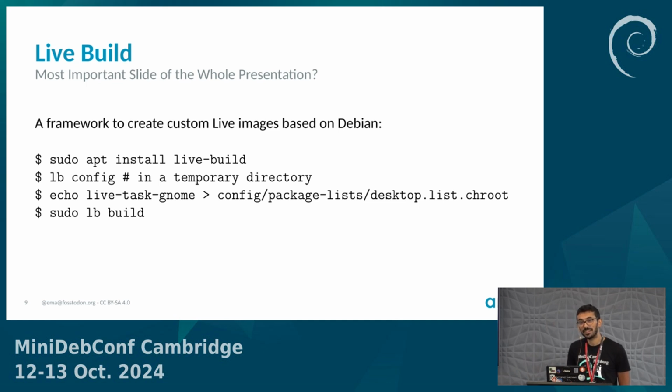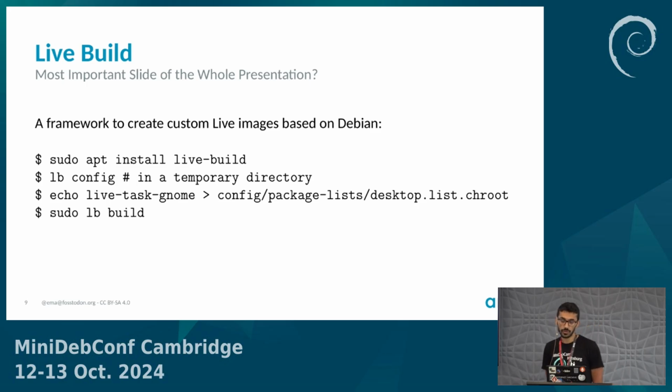And then you can specify the list of packages you want to install into a file under config package lists. The name doesn't really matter as long as it ends with .list.chroot. In this example, I've chosen live-task-gnome, which pulls in a lot of stuff: GNOME, LibreOffice, multiple language packs, and so forth.